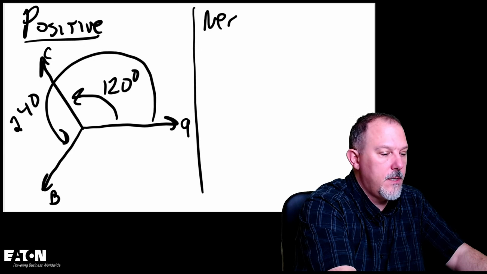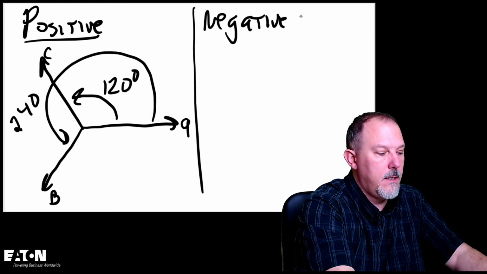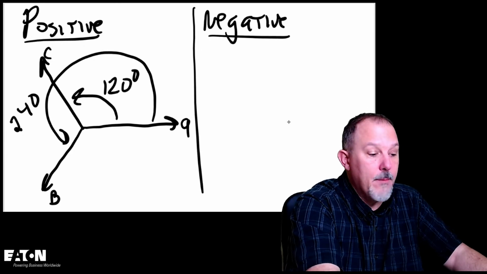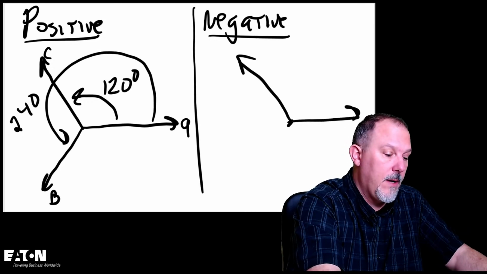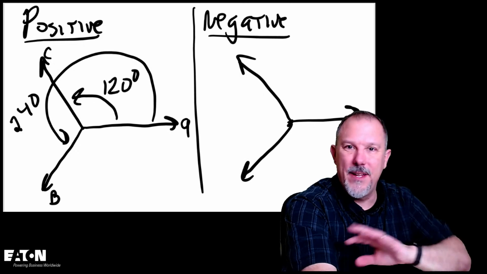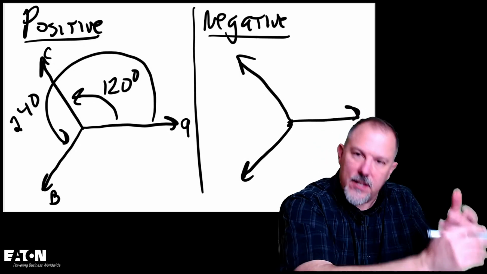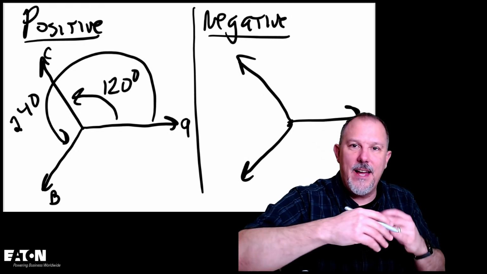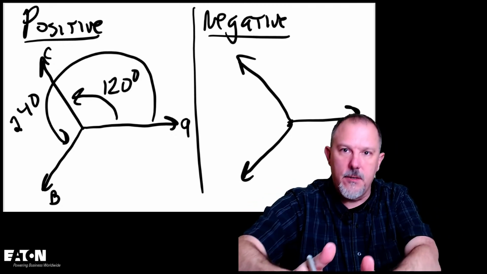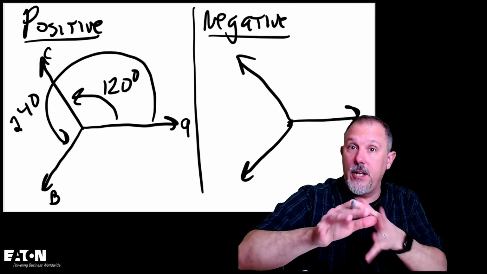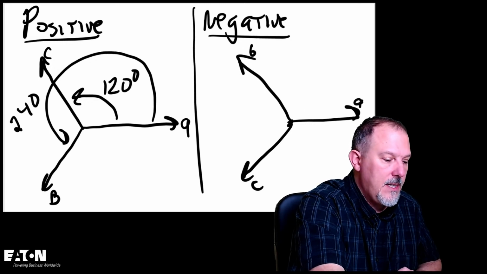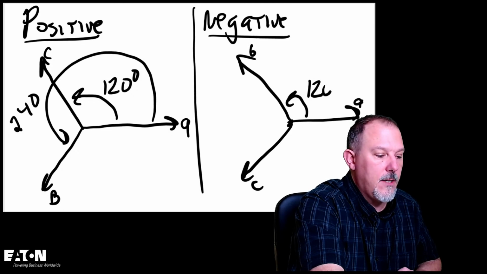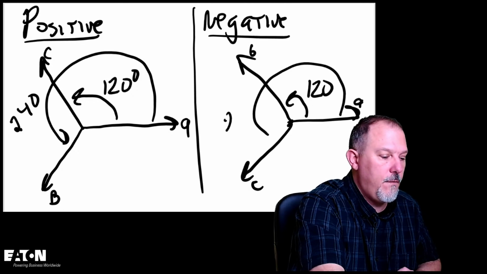Now, negative sequence, and I'm going to explain this a little bit as we go along. I'm just giving you little bits of information. I haven't even talked about what positive, negative, and zero is. Some of you may know, some of your power systems guys may know. This would be A, and then this would be B, and this would be C. That's again 120, and this is again 240.